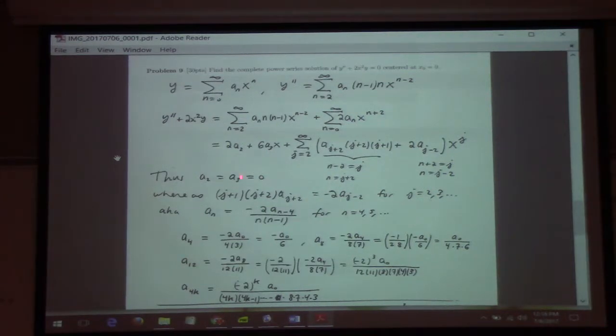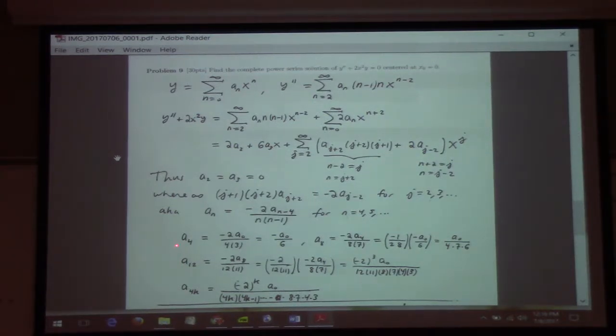But somehow, by the time we get down to here, the 2 is gone. I don't know why that is. Not all of you, but a lot of you, like 2 or 3 of you, just somehow lost this 2 on the way to the recursion relation. But it's there.